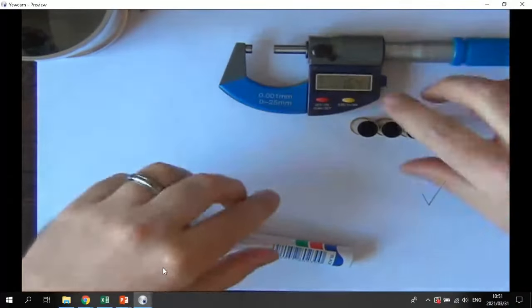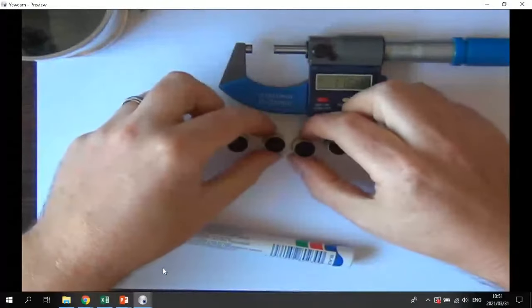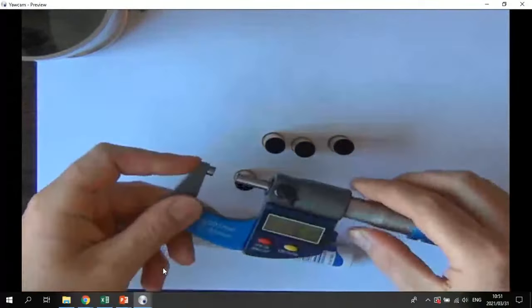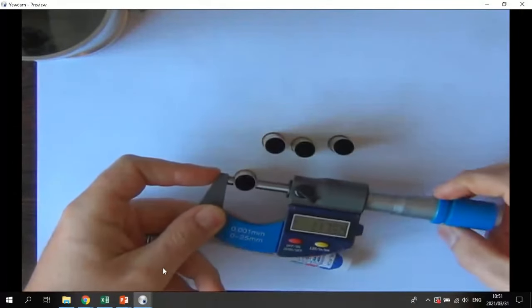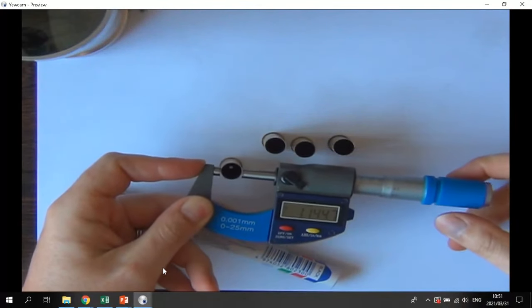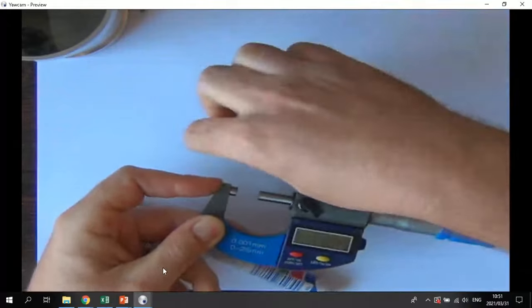Now something interesting. Consider these brass pipes of mine. Brass is just a mixture of copper and zinc. If I measure the diameter here at the top, that one is 11.447 millimeters.